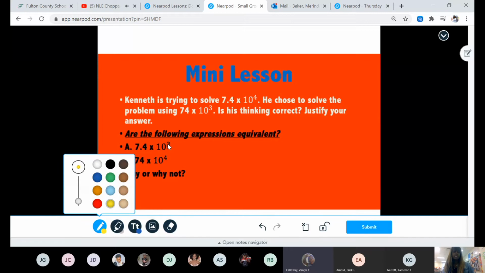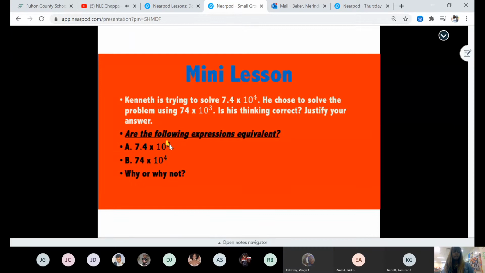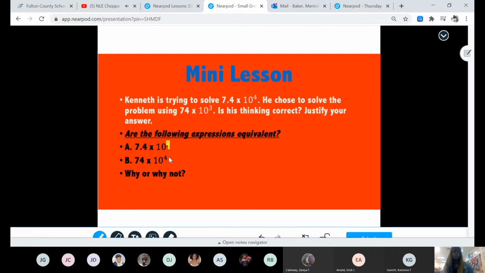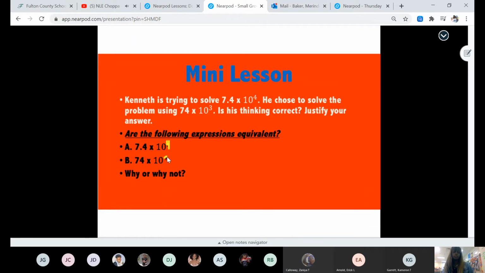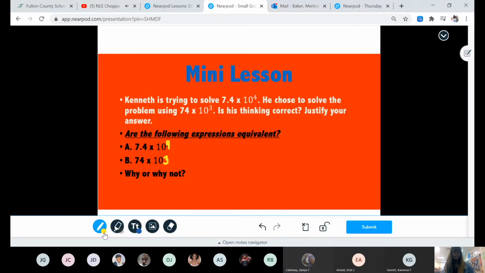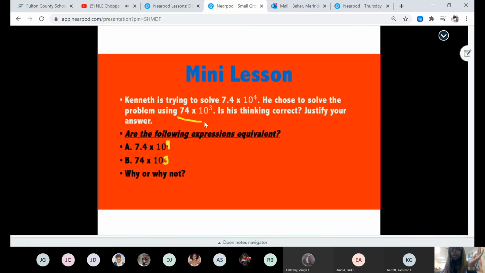All right, so then it says, are the following expressions equivalent? What does equivalent mean, Zanaya? Equivalent means the same. Yes, it means the same or equal. So he's trying to solve 7 and 4/10 times 10 to the 4th power, but he chose to solve the same problem using a different equation.